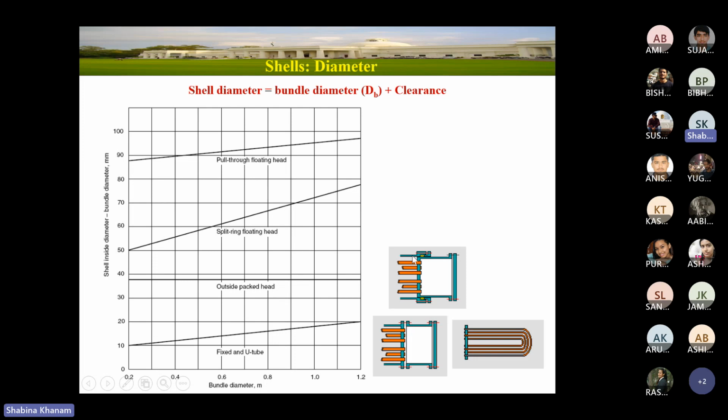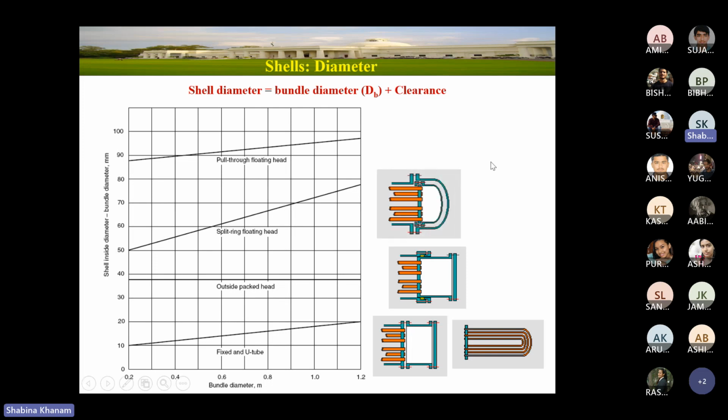Whatever would be the tube bundle, this space would be constant, because the expansion and contraction will occur outside the shell, while sliding over here. So the external floating head shell and tube heat exchanger will have constant clearance throughout.